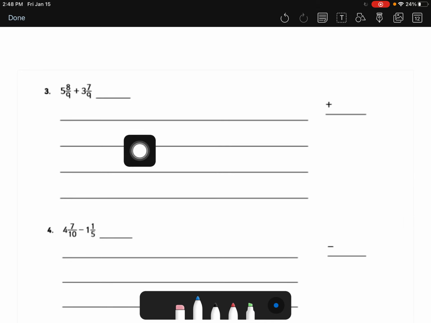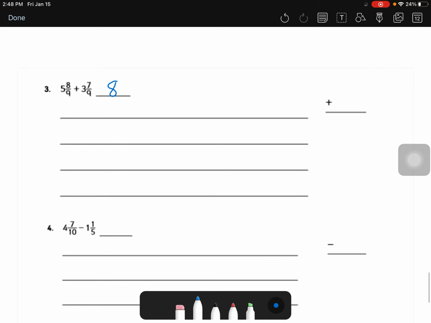Okay, so if I add these ones up, I'm going to get 3 plus 5 is 8, and then I'm going to get 8 plus 7 is 15, so 15/9. Now when I divide 15 by 9, it goes in there once, and I get a remainder of 6, so 1 and 6/9. So that's 8 plus 1 and 6/9, and so that's going to be 9 and 6/9.